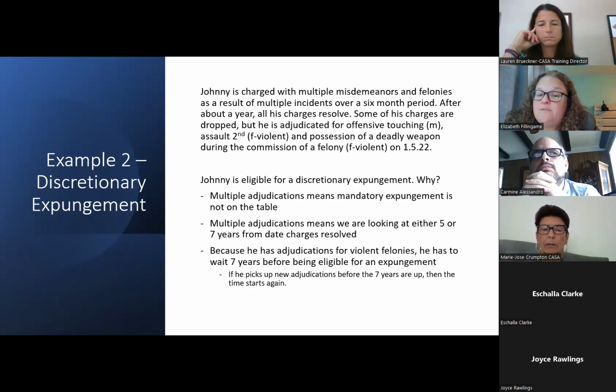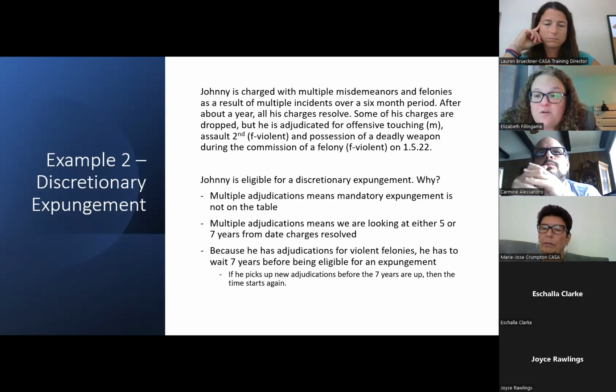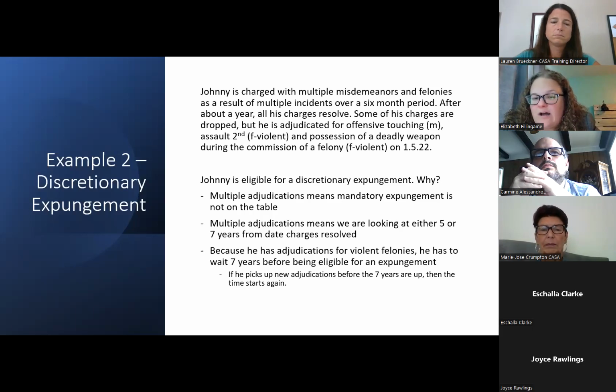However, if he picks up new adjudications before those 7 years are up, then the time starts again. If he picks up new convictions post 18, then he's no longer eligible for a juvenile expungement at all. So let's say these original adjudications from January 5th, 2022, he was only 14 when he got those.